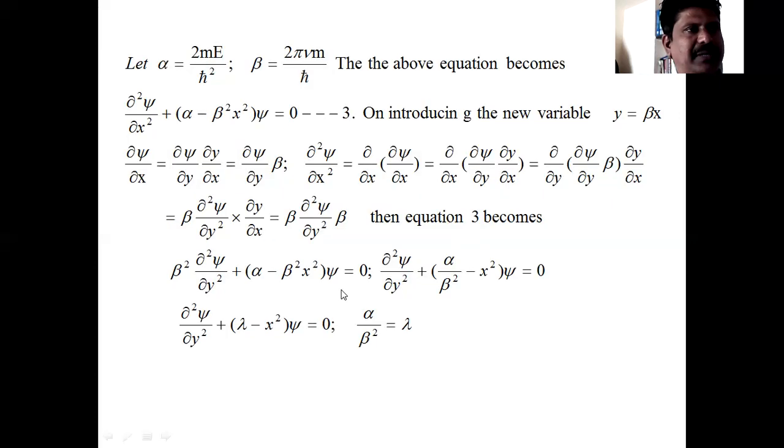So it becomes beta square ∂²ψ/∂y² plus (alpha minus beta square) x square into ψ, that is equal to 0.